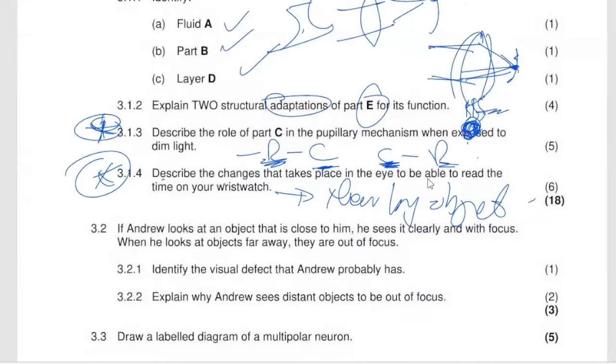So that's it. You can't go without knowing the pupillary mechanism, you can't go without knowing accommodation.